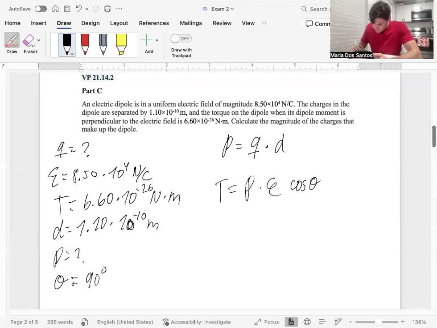We are going to find the dipole moment with this formula.